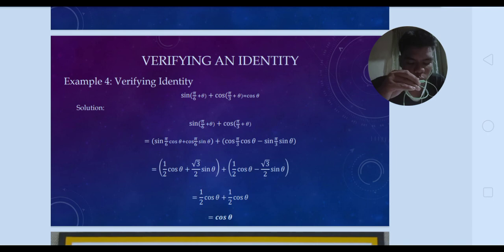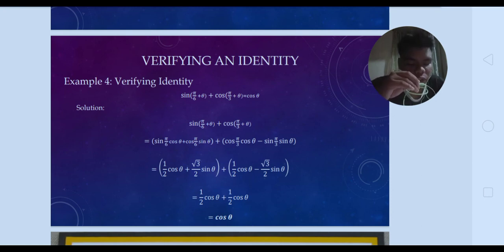We use the sine sum identity first for sine pi over 6 plus theta, and then the cosine sum identity for cos pi over 3 plus theta, which are visible in the next equation.